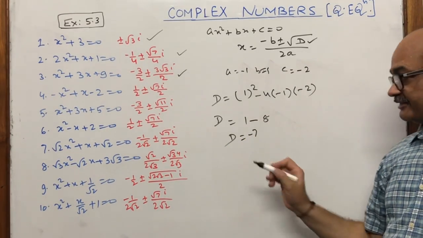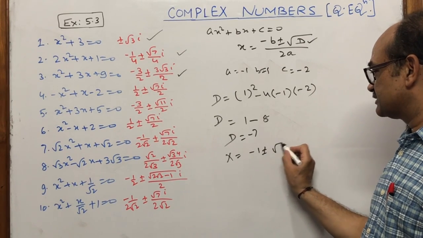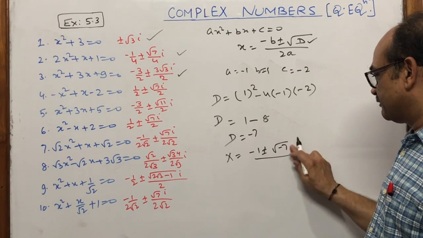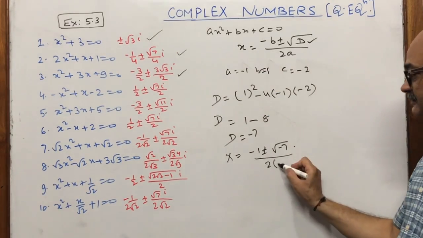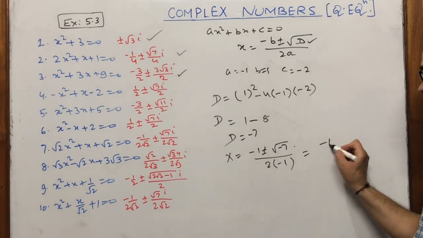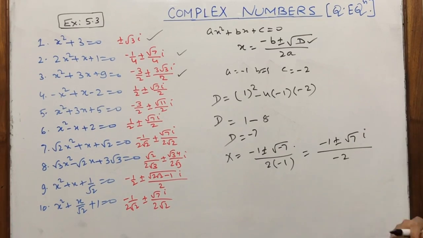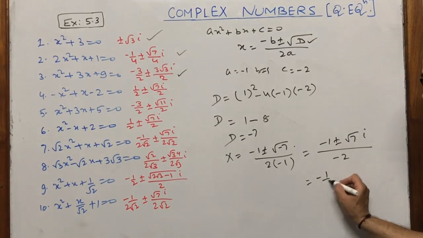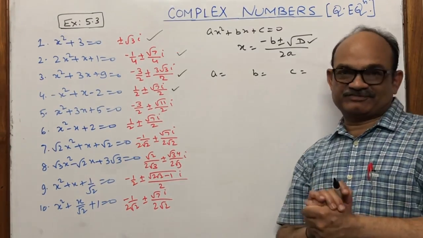When D is minus 7, answer x equals minus B plus minus root D divided by 2A. What is A? Minus 1. So the answer is minus 1 plus minus root 7 iota divided by minus 2. Separate in the standard form of the complex number: plus minus root 7 iota by 2. Now the next is the fifth sum.